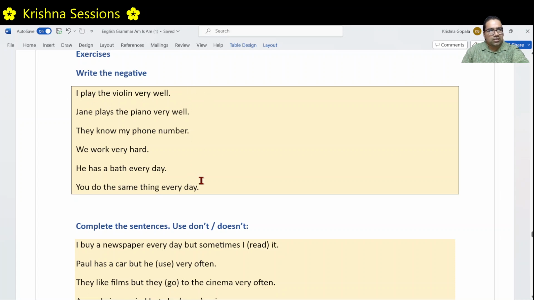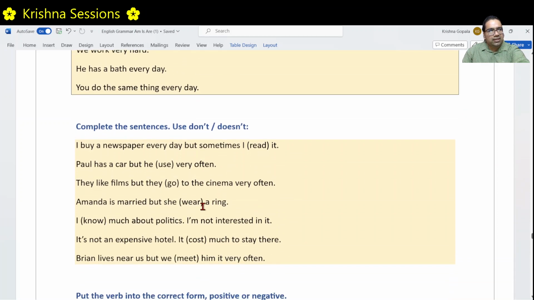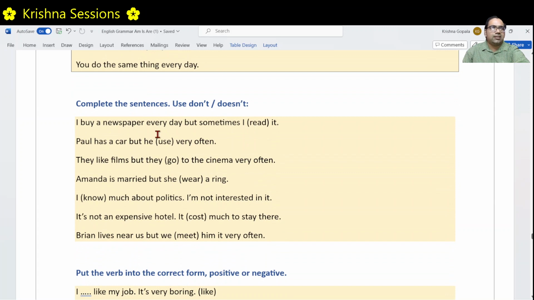Likewise, you have to write negatives for all these statements. Similarly, in the second set, you should use do not and does not. The verb is given, whether you use do not or does not, along with the form of the verb: read or reads, use, uses, go, goes, etc. Right?